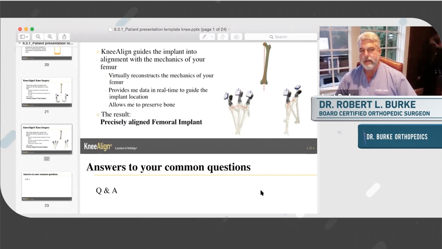There is no reason that I have patients wait any significant time, as long as there's no need for any type of significant preoperative medical clearance, such as potential cardiac clearances or things like that, that sometimes can delay the ability to do their surgery.